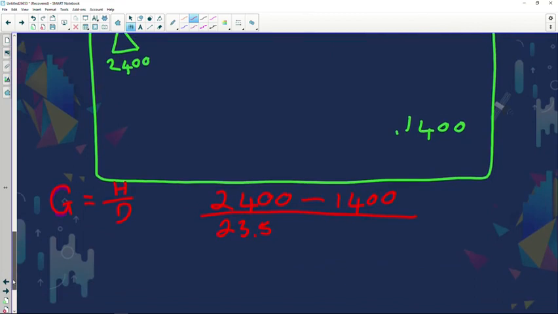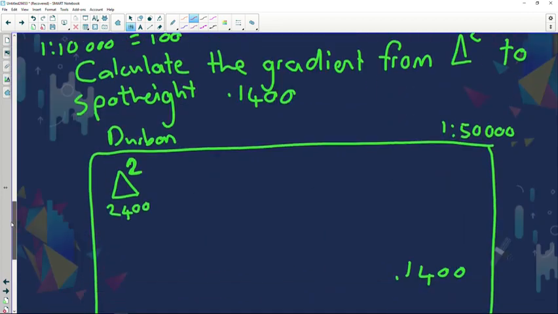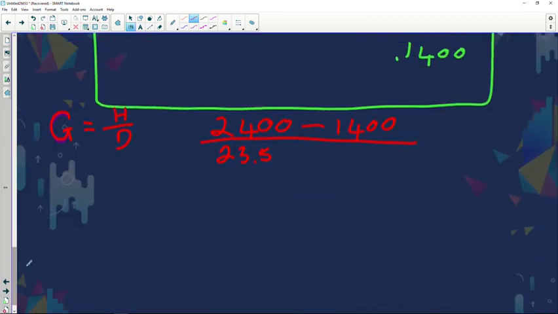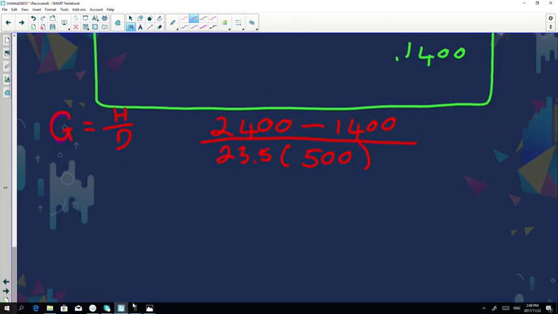Now we express gradient in meters because the kilometer unit is too big to use. And if we look at our map, it's a Durban map, 1 to 50,000. So what are we going to times it with? 500. So what are we going to do? Quickly get out your calculator.